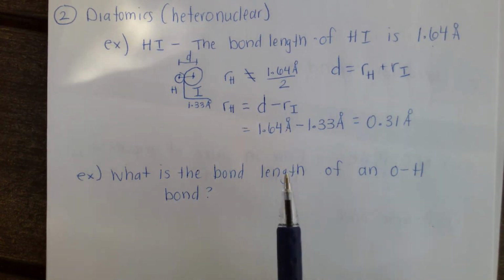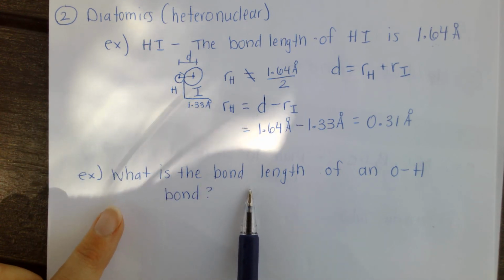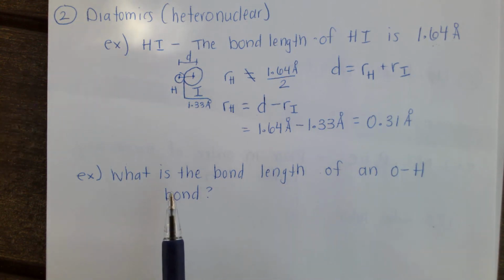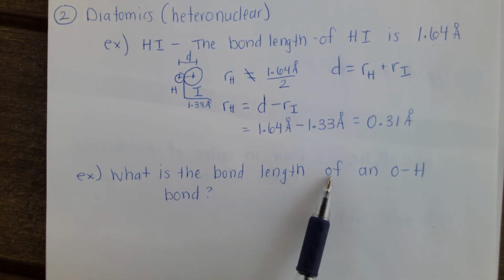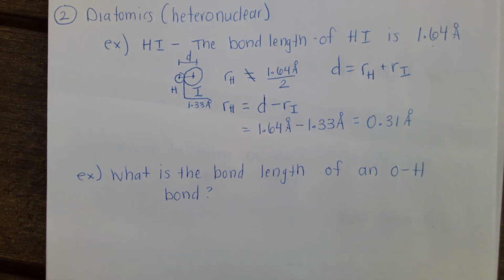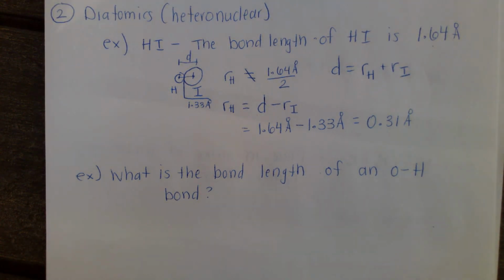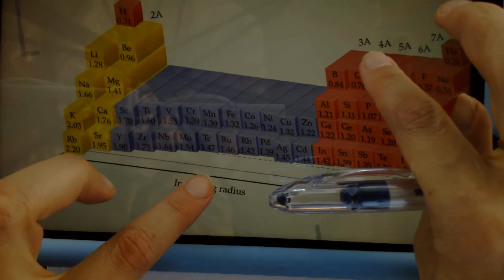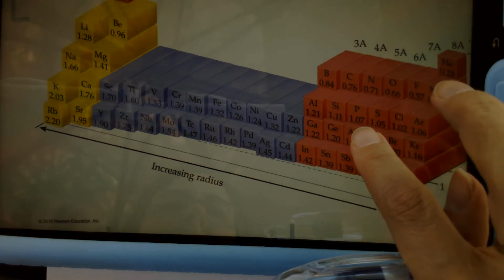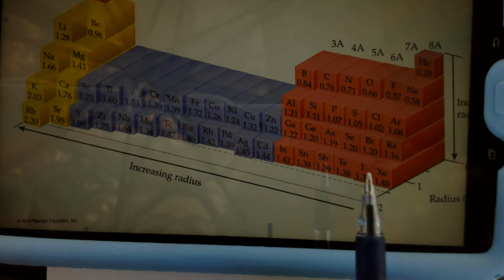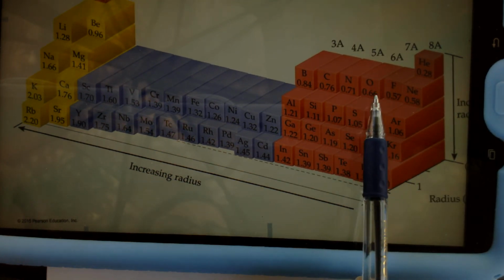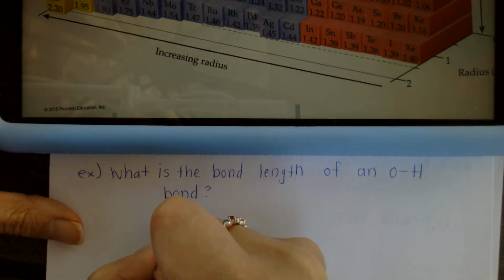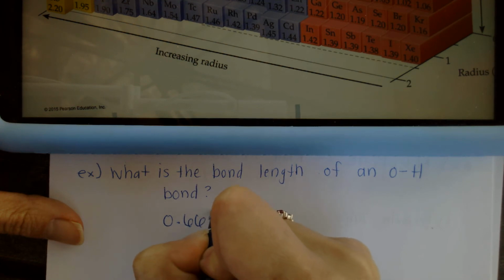So that's how these particular things are measured. We can use the bonding atomic radii to calculate or approximate the length of a bond. For example, let's use the bonding atomic radii to predict the bond length of an oxygen-hydrogen bond. That's where this table is going to be helpful. Oxygen is here at 0.66, so we'll put that down: 0.66 angstroms.